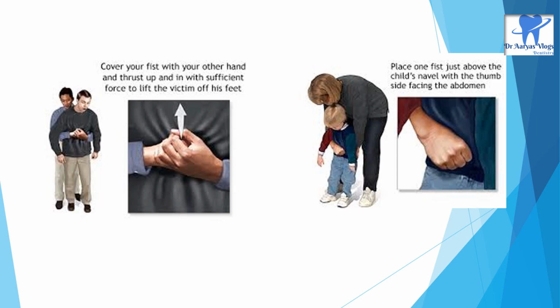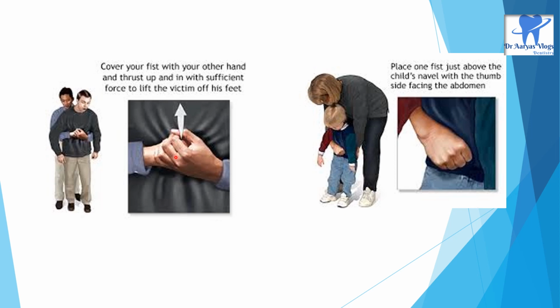Stand or kneel behind the victim and wrap your arms around the victim's waist. Make a fist with one hand. Place the thumb side of your fist against the victim's abdomen, in the midline, slightly above the navel and well below the breastbone.